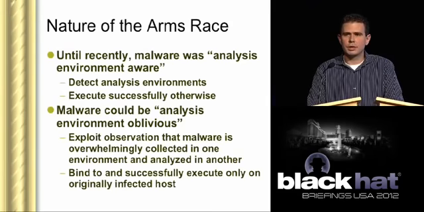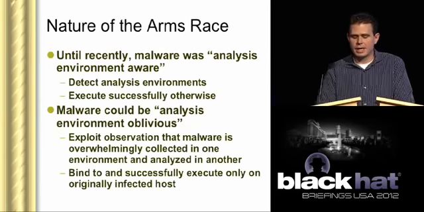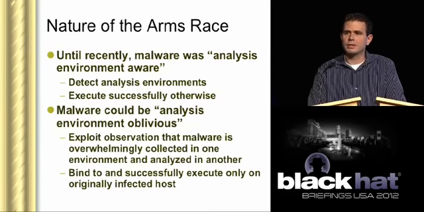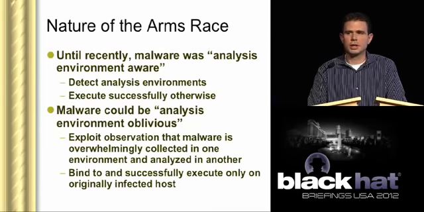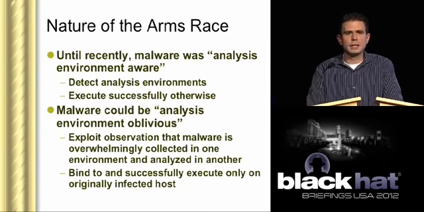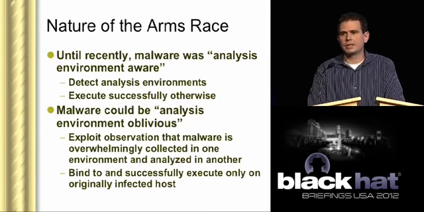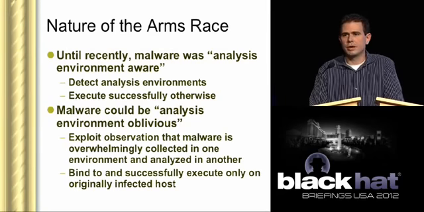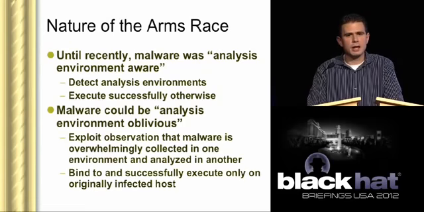However, there is no reason why malware could not be analysis environment oblivious, the inverted representation of the environment-aware model, which means that malware will bind to and successfully execute only on the original infected host. It will assume any other environment in which it is executing is an analysis environment and will not execute successfully.